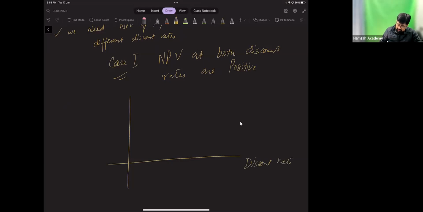This is NPV. At one rate, NPV is here, for example, lower rate. At higher rate, for example, it is here. So it is like this. This is where NPV is 0. This is IRR.